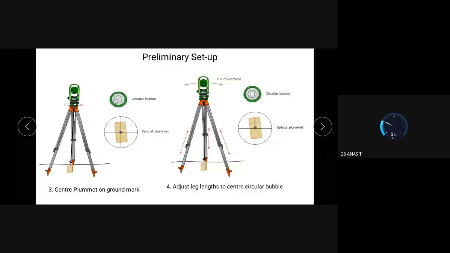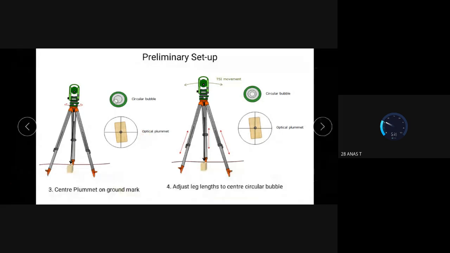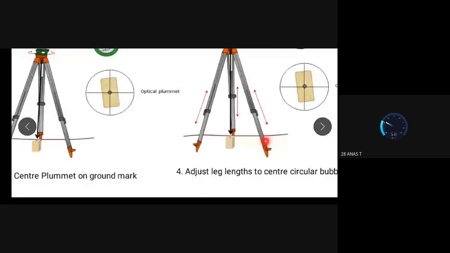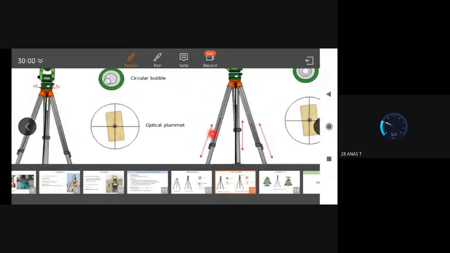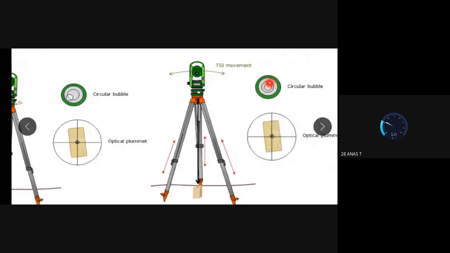Rotating those, we will first adjust the optical plummet, and by adjusting the tripod legs, the length of each tripod leg can be adjusted using the screws over here. Adjusting that we can make the bubble come to the center of this circle. So the preliminary adjustment is done for the circular bubble.